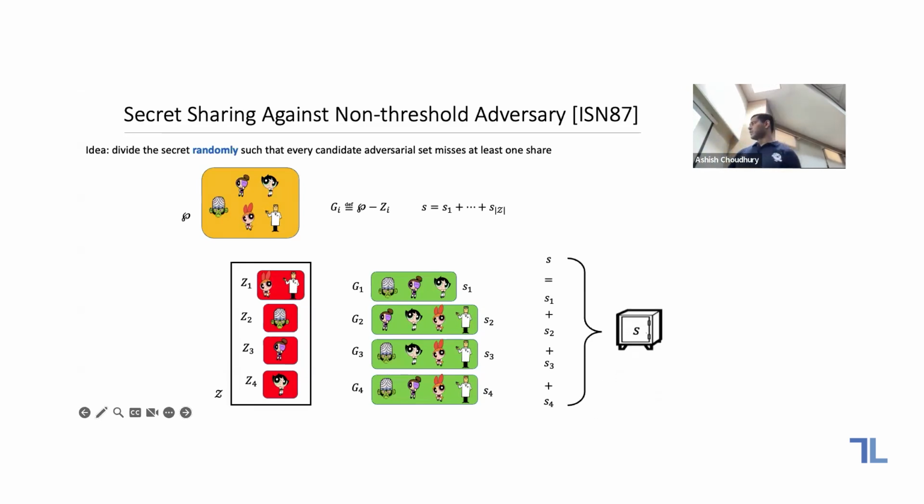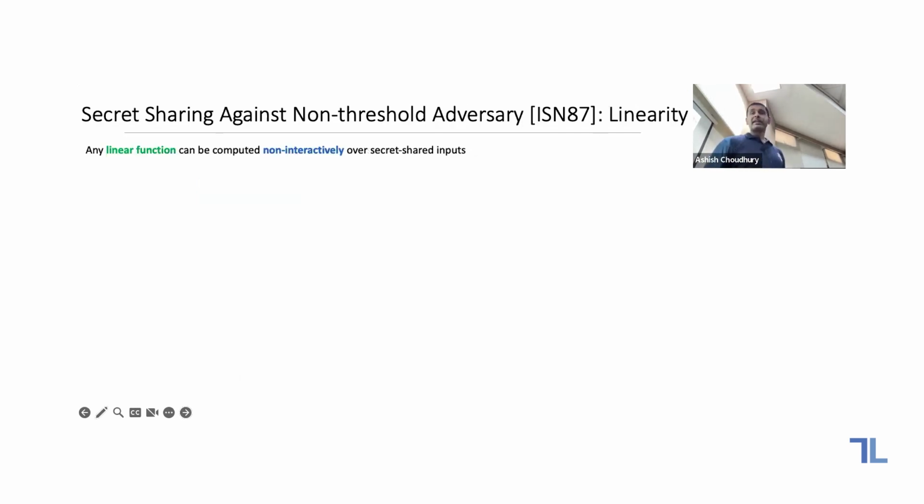In the rest of the talk, I will use this box representation for this secret sharing. If there's a value S, it is secret shared like this, and that value is denoted by this notation. Now, interestingly, this secret sharing satisfies the linearity property. Remember, we need the linearity property from the secret sharing because we want to evaluate linear gates over secret shared values.